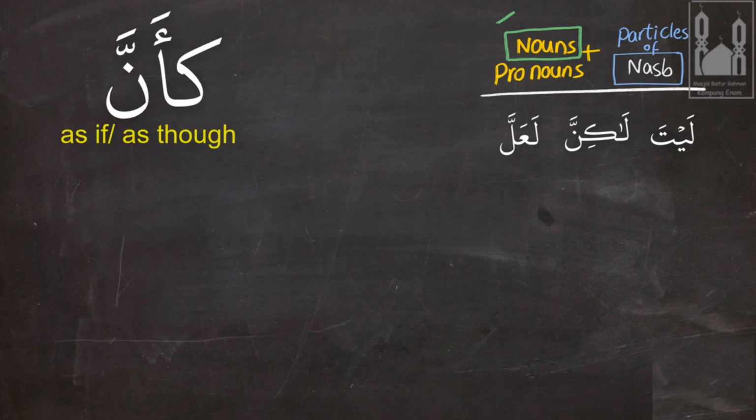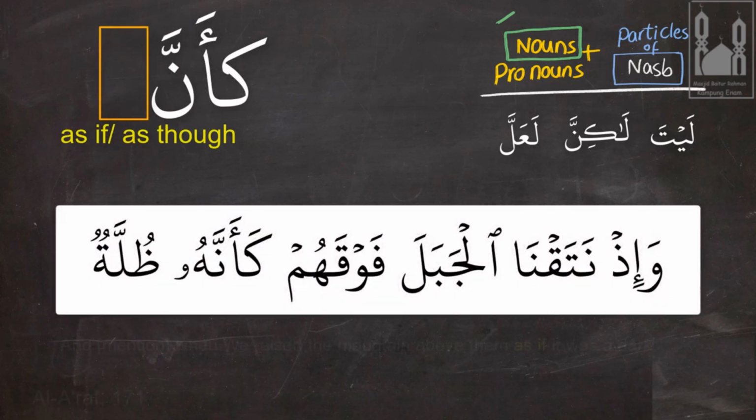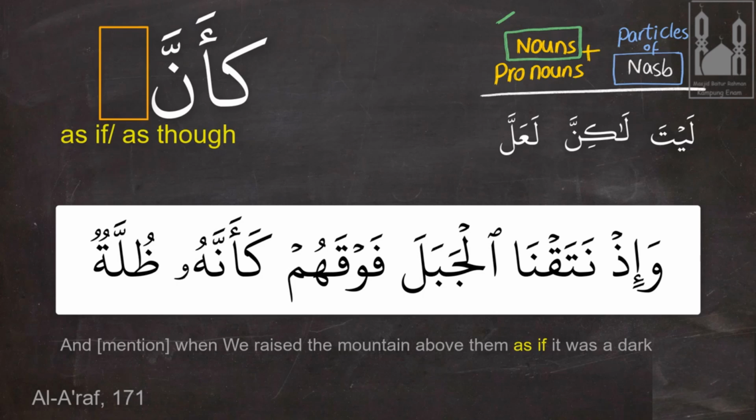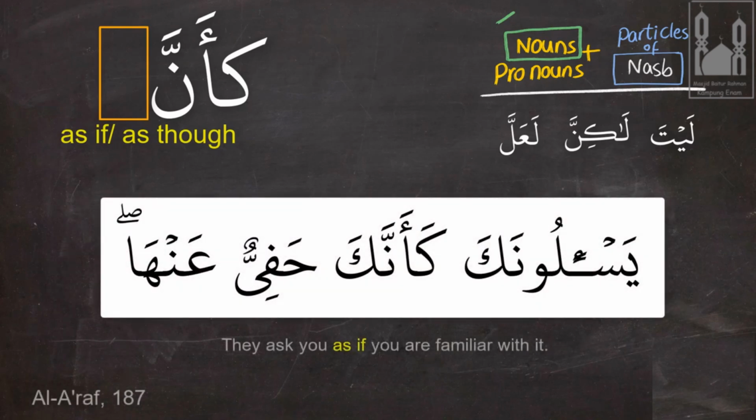Interestingly, the word كأن is used much more commonly attached to a pronoun than it is used separately, like in this example. وَإِذْ نَتَقْنَا الْجَبَلَ فَوْقَهُمْ كَأَنَّهُ ظُلَّةٌ يَسْأَلُونَكَ كَأَنَّكَ حَفِيٌّ عَنْهَا.